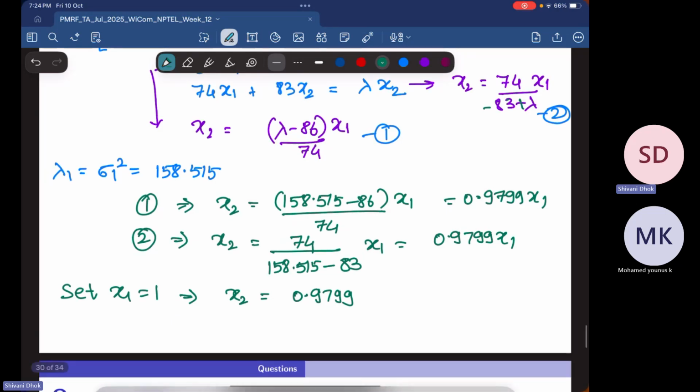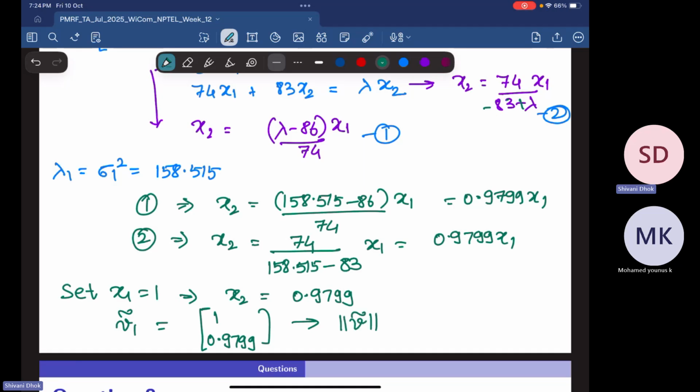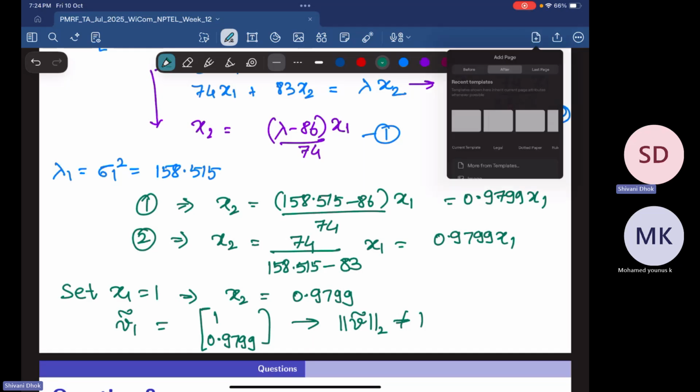So now let's say my V1 tilde will be equal to 1 and 0.9799. Now when I find the norm of this vector, it is not equal to 1. But since we know that V is a unitary matrix, we need to convert it to a unit norm vector.